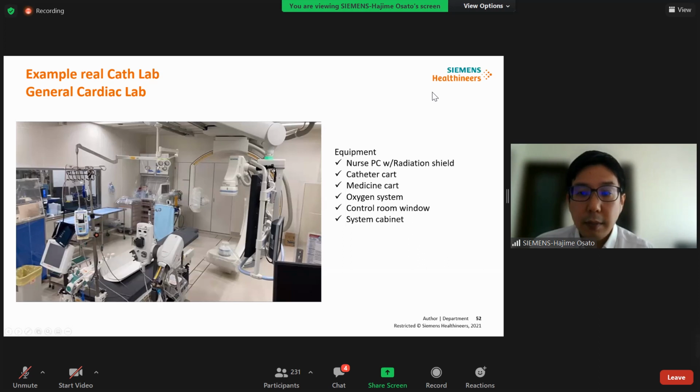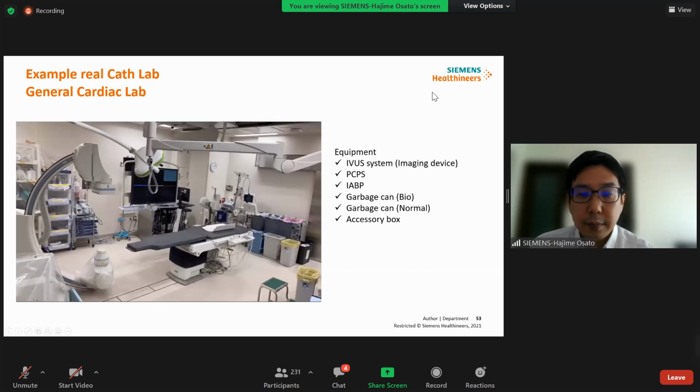From one more angle, we found the IVUS system. There is emergency preparation like PCPS and IABP here. Similarly, garbage cans are there, classified for bio-contaminated and normal waste. And the accessory box is here.